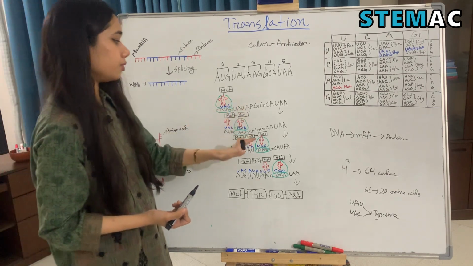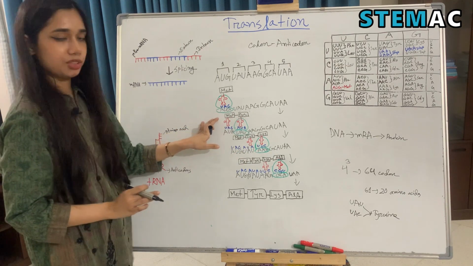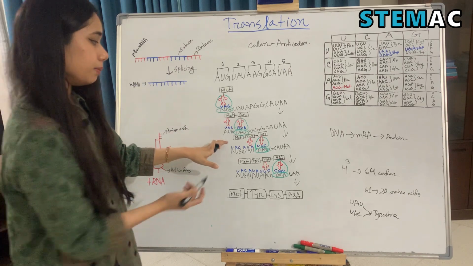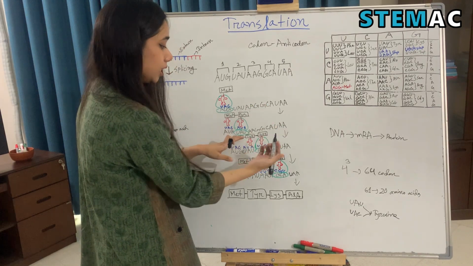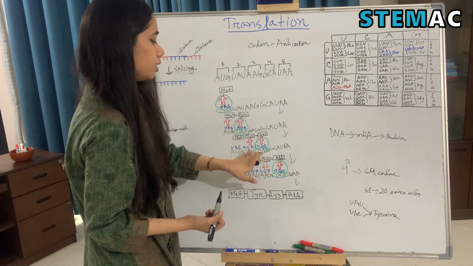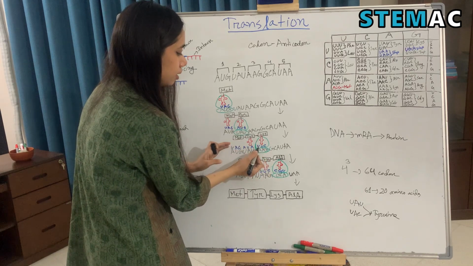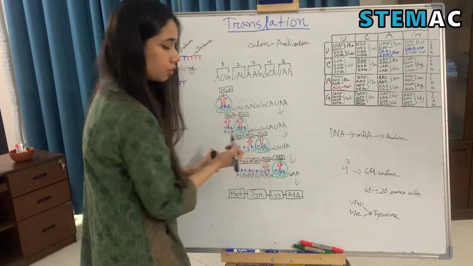Then if we move on to the next step, the first tRNA, the initiator tRNA, will release from the mRNA. The methionine will stay, and a new tRNA will come and bind to the third codon, which is AAG, and for AAG the anticodon will be uracil for adenine, and cytosine for guanine.